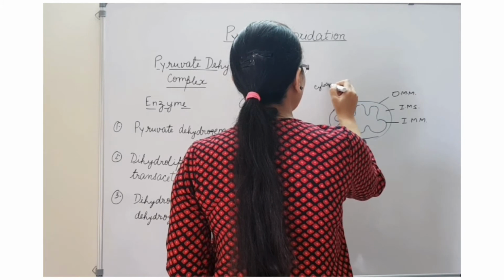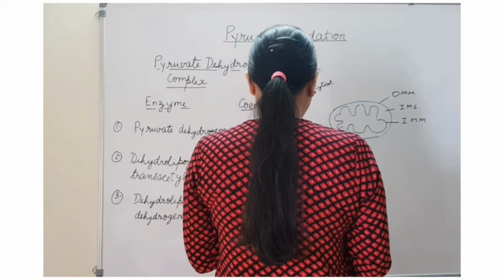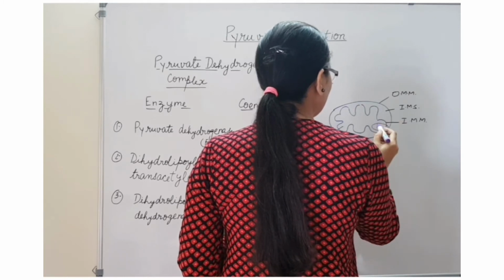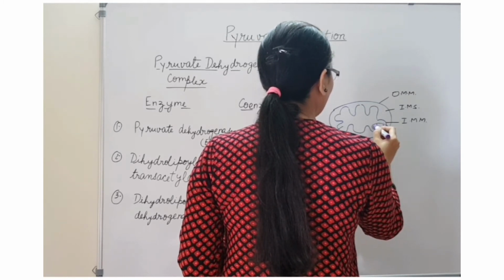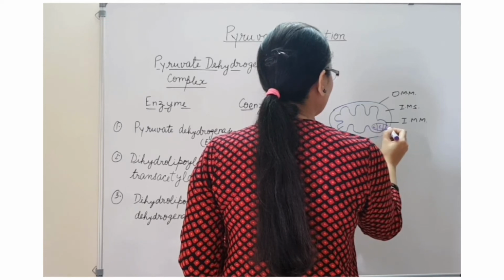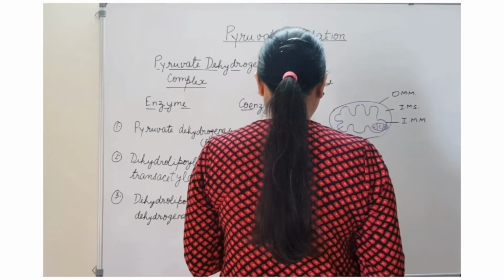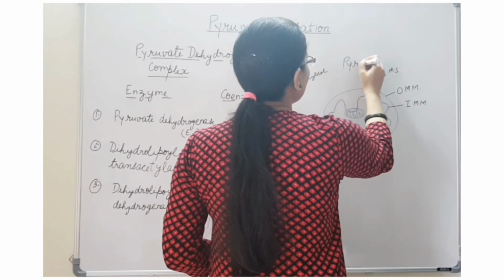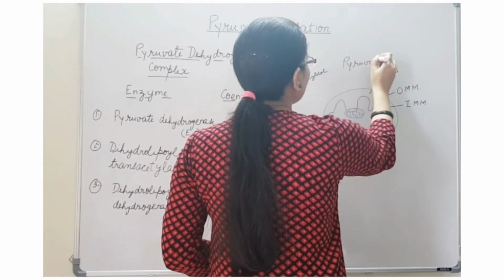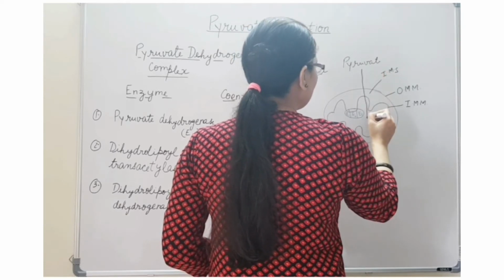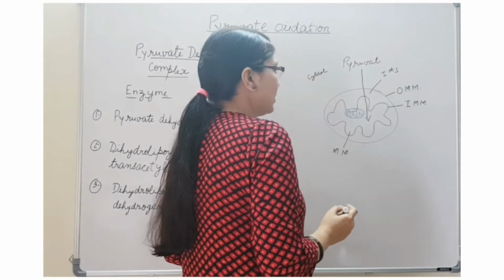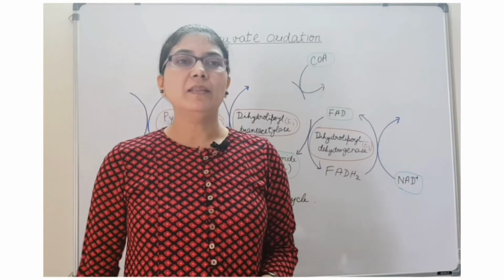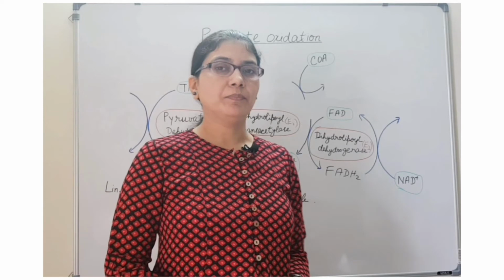This is cytosol. So the enzyme is located on the inner mitochondrial membrane, E1, E2, E3. Through glycolysis, pyruvate is produced in cytosol and then it enters the mitochondrial matrix, and here the entire reaction takes place. Let us see the entire reaction in detail.